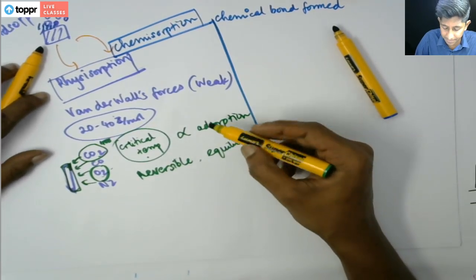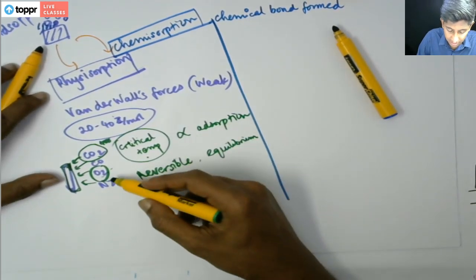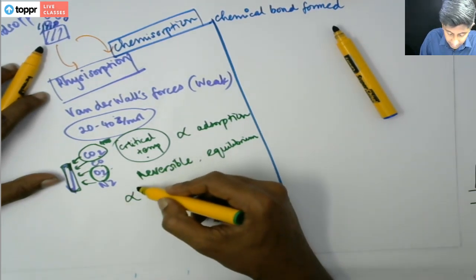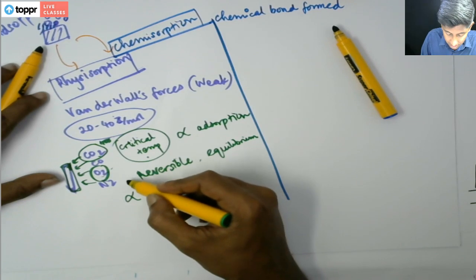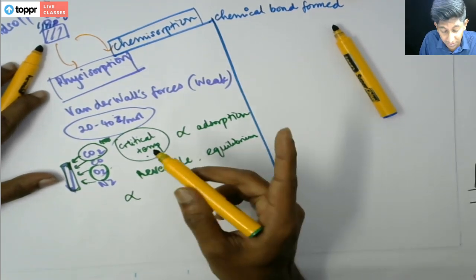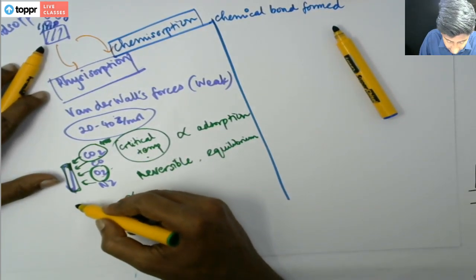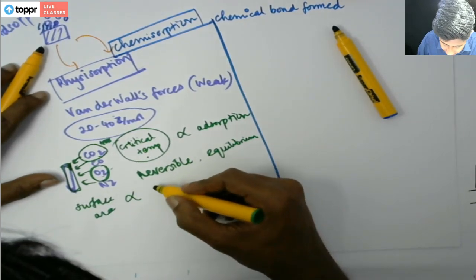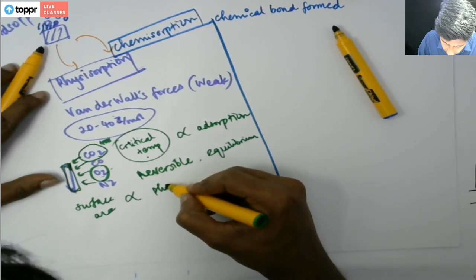Physisorption increases with increasing surface area. So I'm going to write it again: surface area is proportional to physisorption.